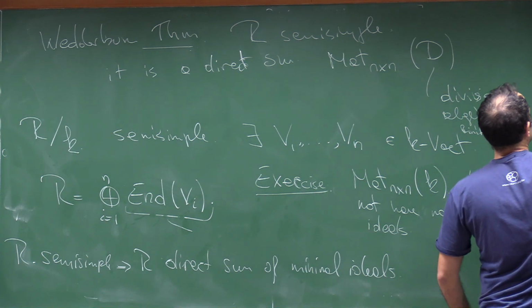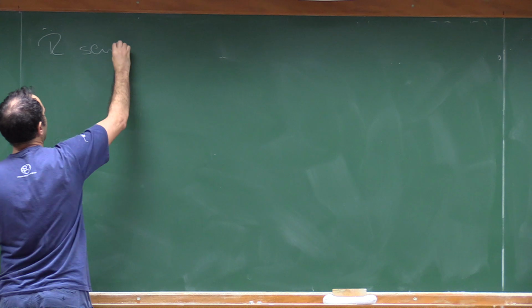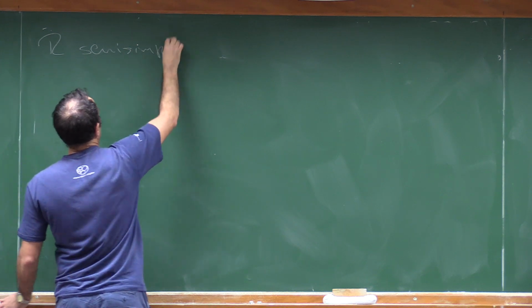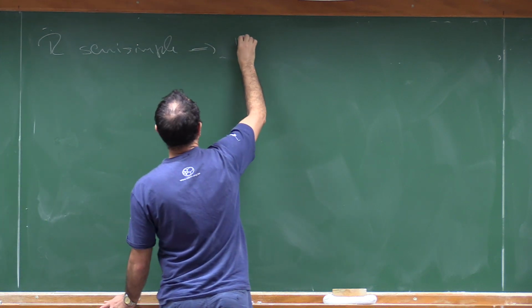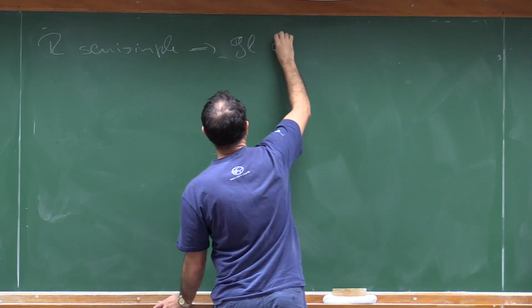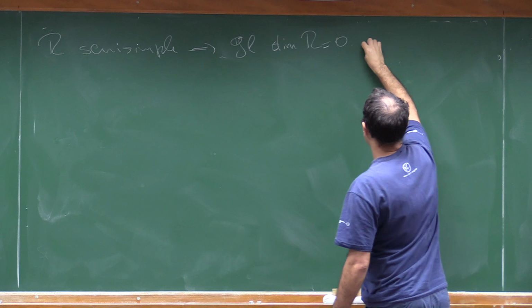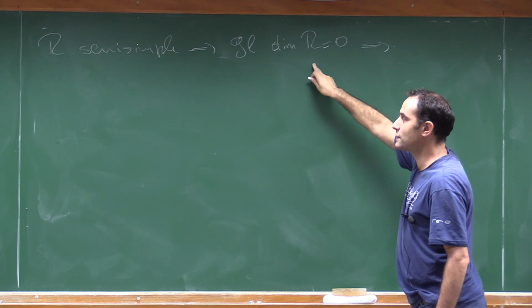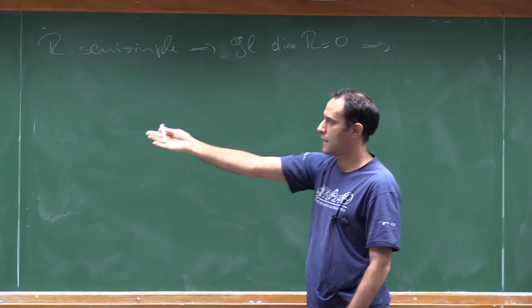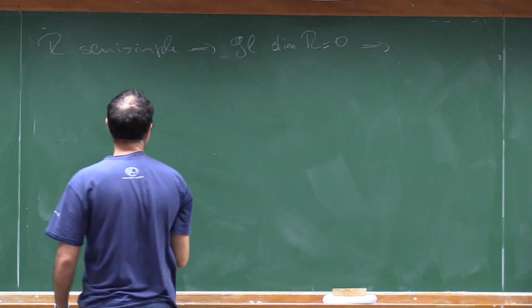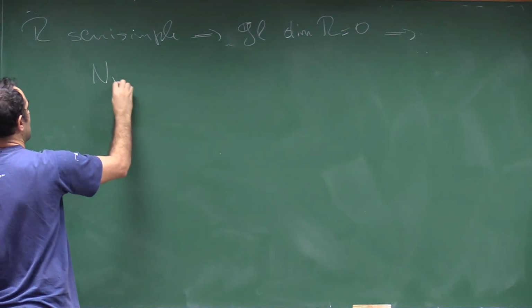So we've checked this, that R is semi-simple. Therefore, the global dimension of R is 0. And therefore, a trivial consequence of this is that every module is injective and projective, that there are no extensions.